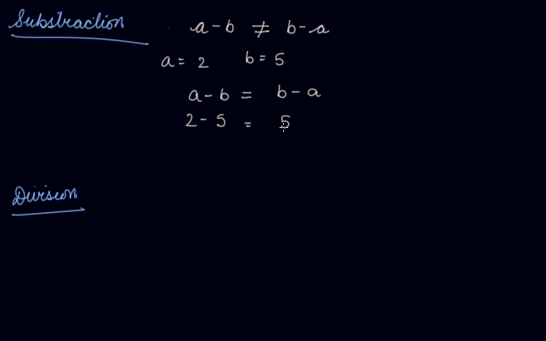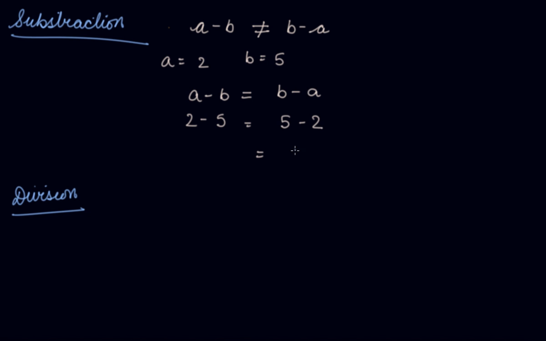See, this property again does not work in subtraction and division, which means that A minus B is not equal to B minus A. Let's take A as 2 and B as 5. Let's see, 2 minus 5 and 5 minus 2.